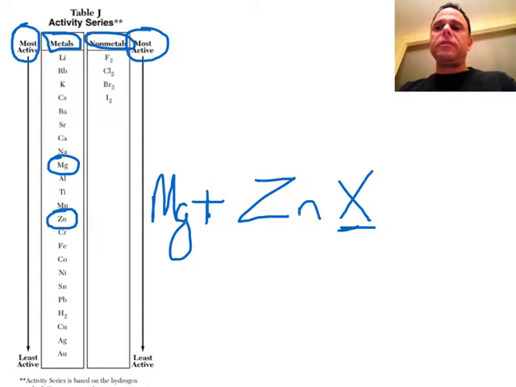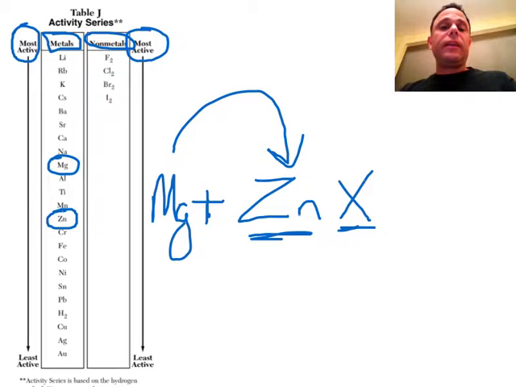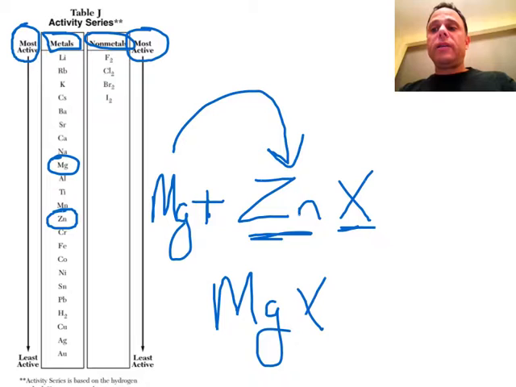Will the magnesium take the place of zinc? If we take a look at this table here, magnesium is higher than zinc, meaning it is more active, and therefore magnesium will take the place of the zinc.